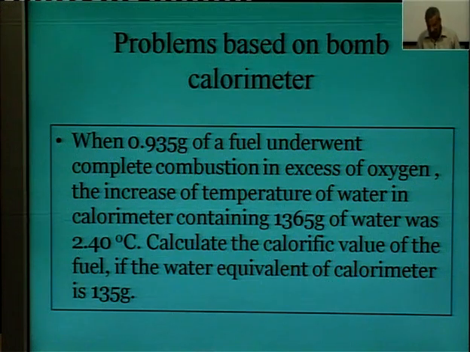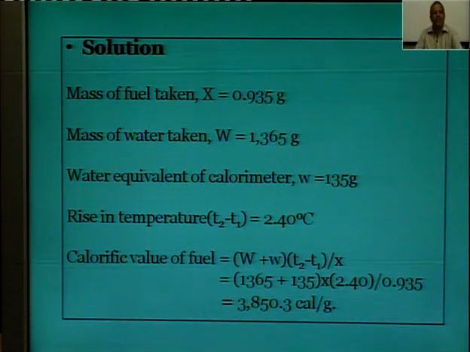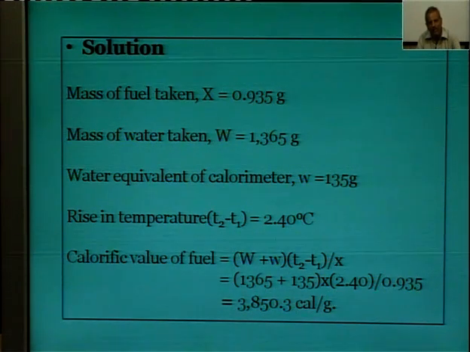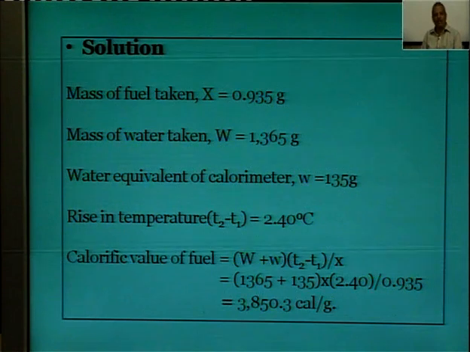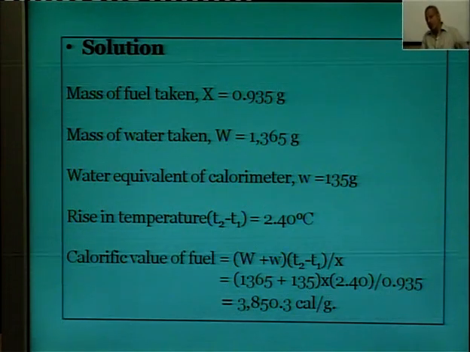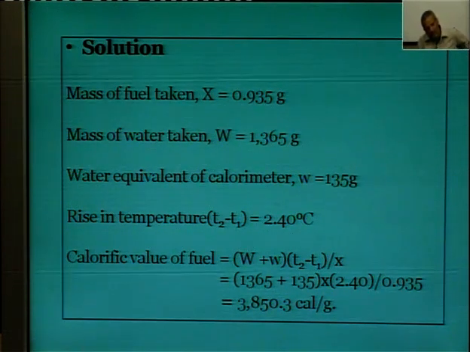So, how will we come to know the calorific value of the fuel? The mass of the fuel taken is 0.93 gram and the mass of the water taken is 1365 gram. The water equivalent of the calorimeter is w, which is generally written on the bomb calorimeter, that is 135. The rise in the temperature is 2.40.